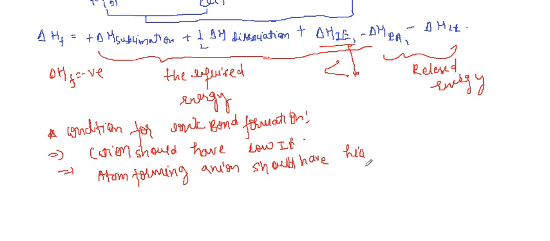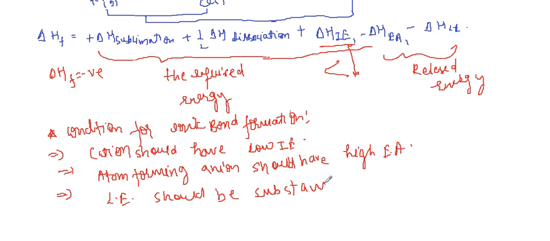And the third point is that the lattice energy must be substantially high. So these are the three conditions. How can we understand that?